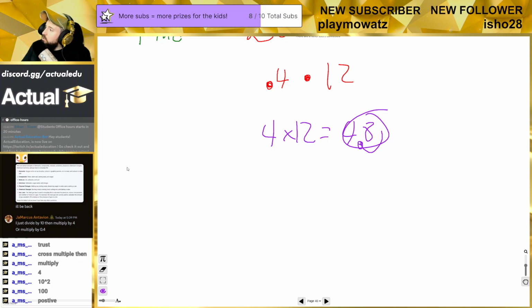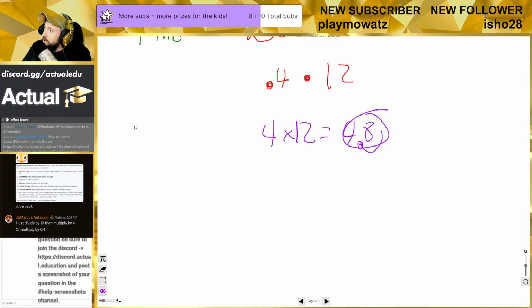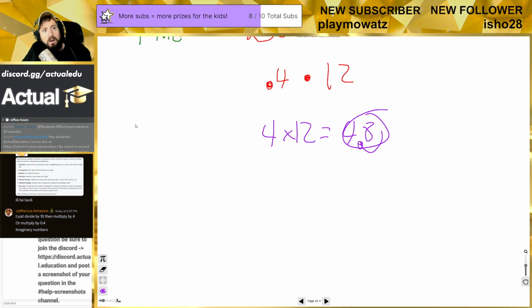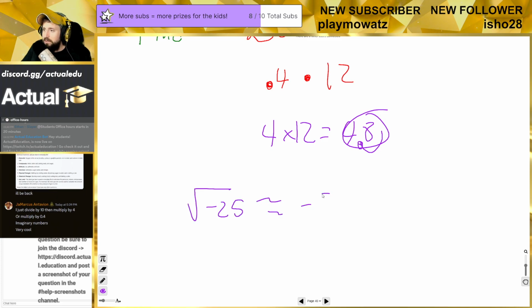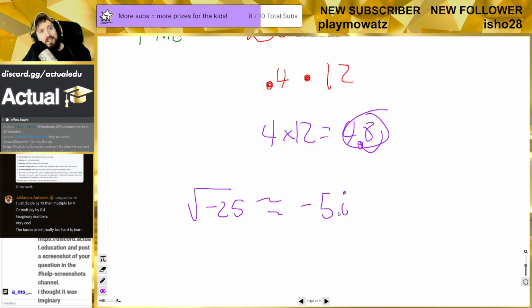Monkey was asking, can you square root negative numbers? Not easily. You can use what are called imaginary numbers, which you're not into yet. For instance, the square root of negative 25 would be 5 times i. i is imaginary, defined as the square root of negative 1.